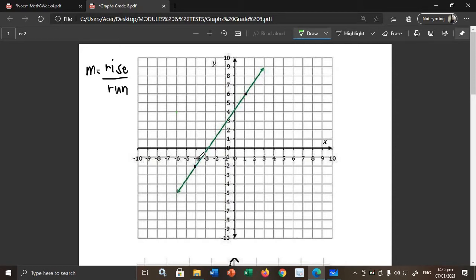Again, yung rise muna yung computin natin, which is yung units upward. So let's start from the first point. From here, 1, 2, 3, 4, 5, 6, 7, 8, up until yung katapat ng second point. So this is 8 units upwards.